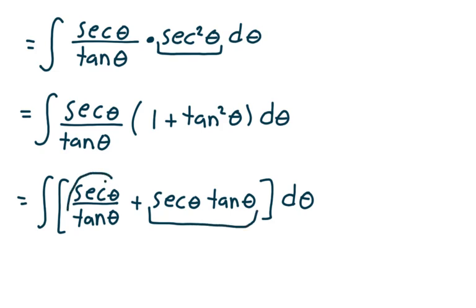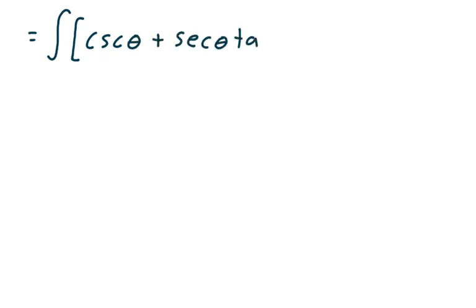It's this first term we have to deal with. Now, I'm going to write the first term as cosecant theta. I claim that that's cosecant theta. So this is the integral of cosecant theta plus secant theta tangent theta d theta.